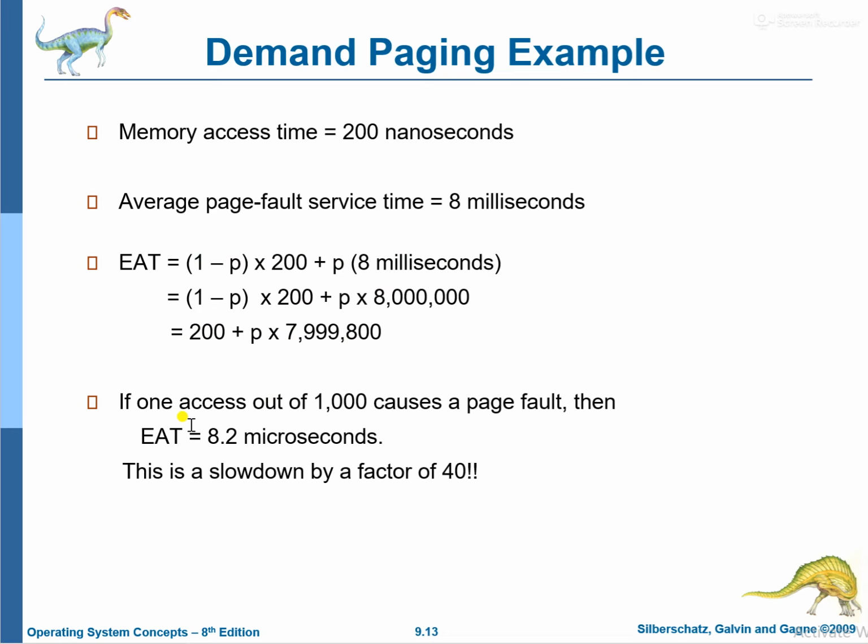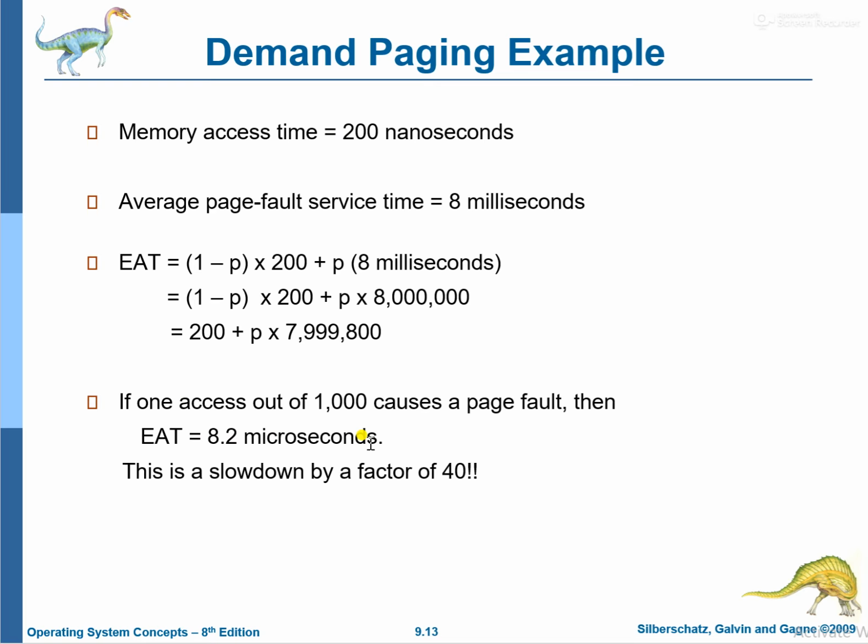So if we say the probability of page fault is 1 access out of 1000, so P is 0.001, then the effective access time will be 8.2 microseconds, and this is slowed down by a factor of 40. So how do we get the factor of 40? If we directly access memory, it will be 200 nanoseconds multiplied by 1 minus P, but if we go through a page fault, it will be 8.2 microseconds.